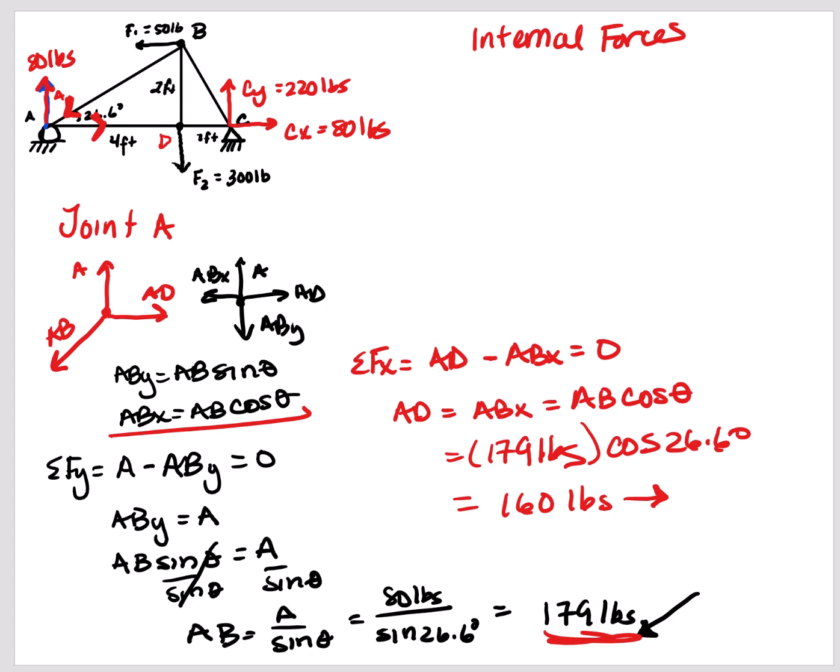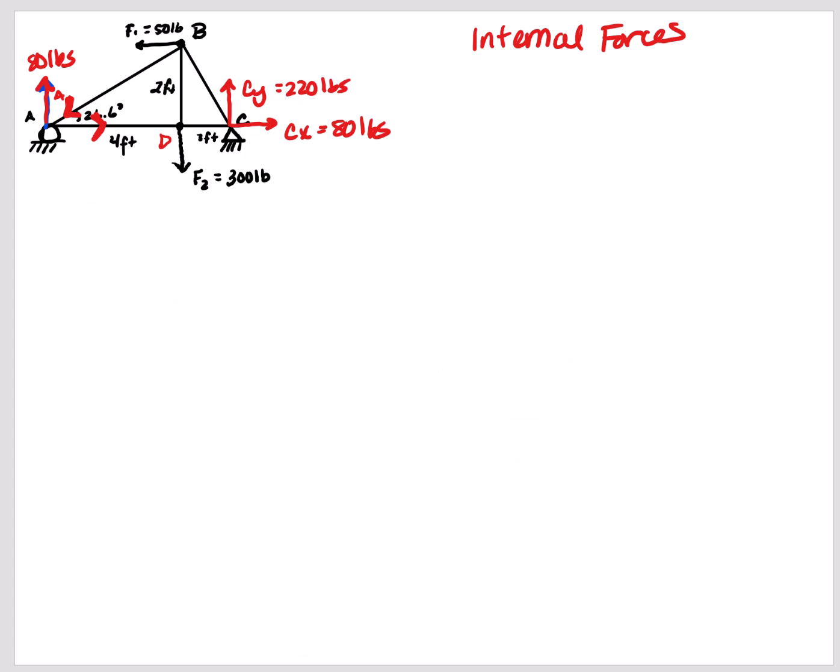So now we're finished with joint A. The next joint to go to is probably D. D is the next easiest one. So joint D has F2 going down, which was given.